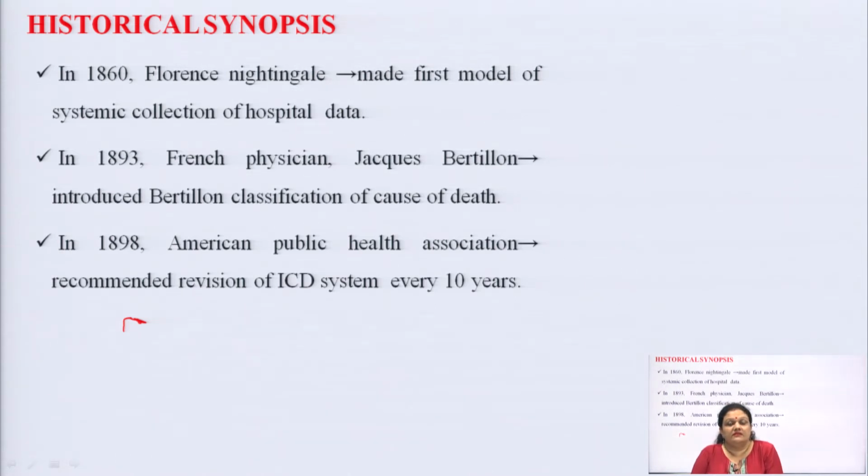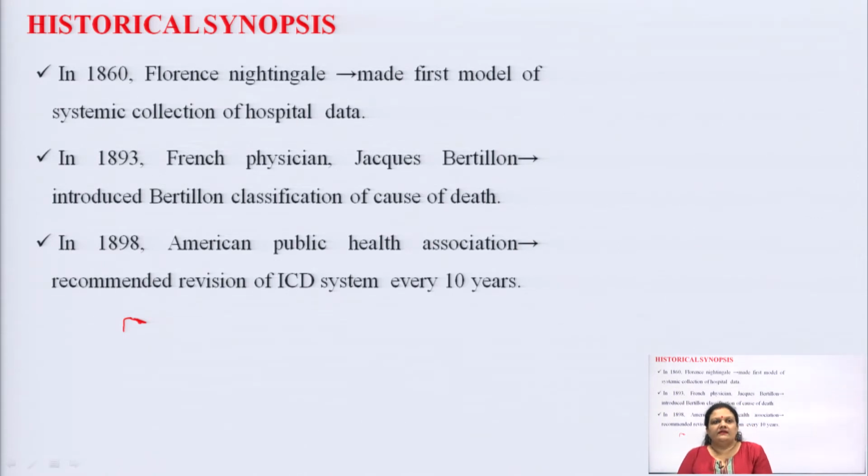Systemic means the patients, or we can say the volunteers, basically those who are admitted for a prolonged duration of time in the hospitals. Florence Nightingale went and collected the data and summarized it in her format, and this was required for the generation or the startup of the ICD classification of disease.